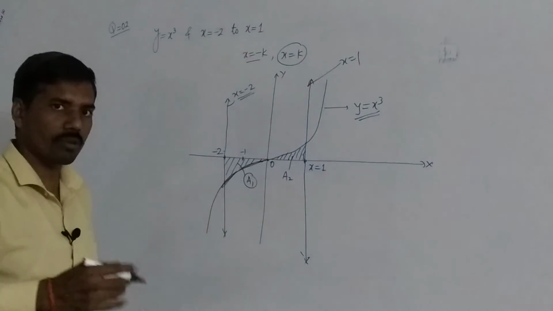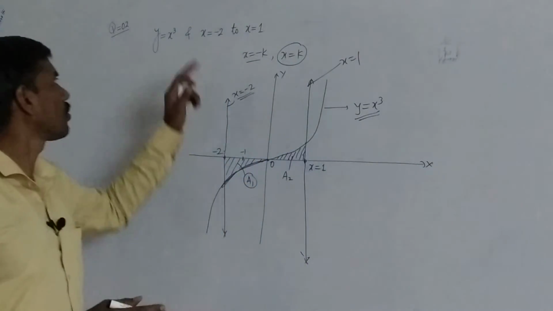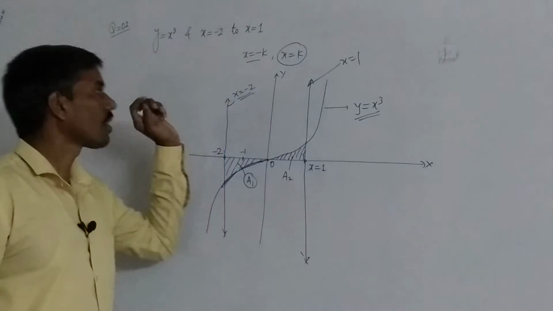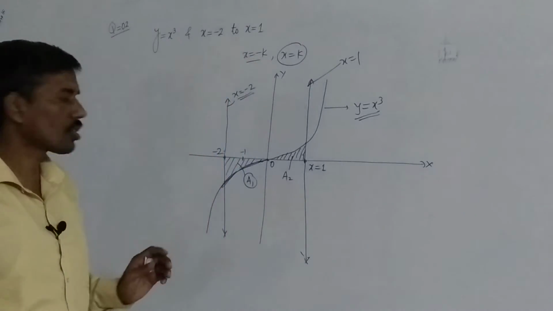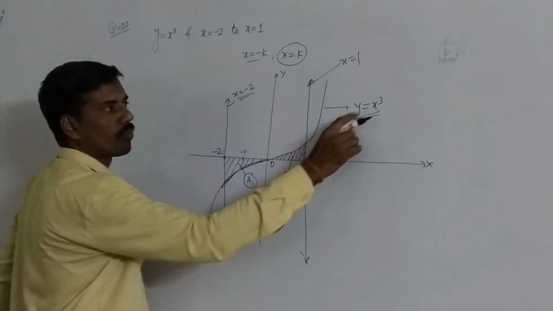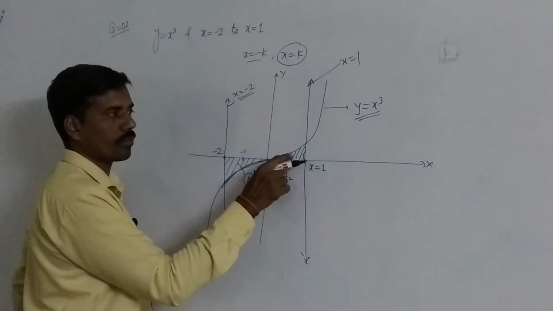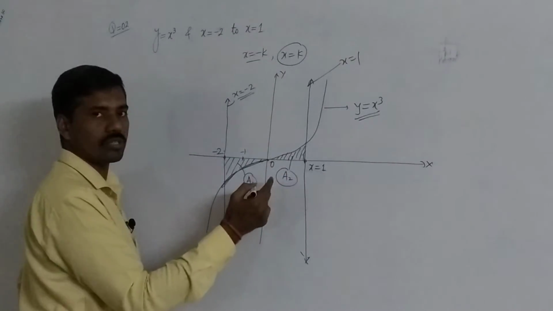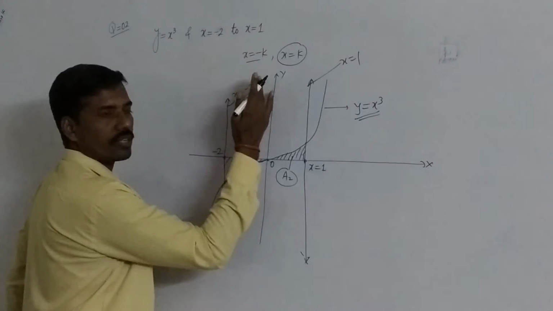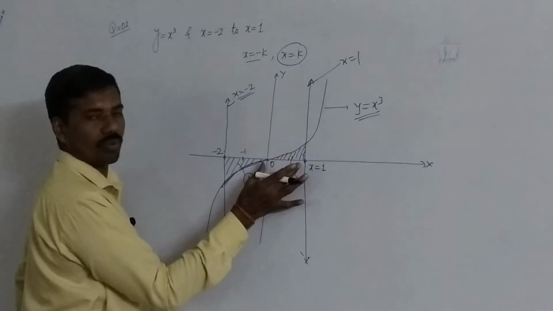We want A1 plus A2, that is the total area covered by x is equal to minus 2, that is this line parallel to the y axis, and the curve y is equal to x cube. This curve, that portion, is the part of y is equal to x cube, x is equal to 0 to x is equal to 1. That portion is A2. A2 is enclosed between x is equal to 0, that is the y axis, and x is equal to 1, that is the line parallel to the y axis at a distance of 1 unit.